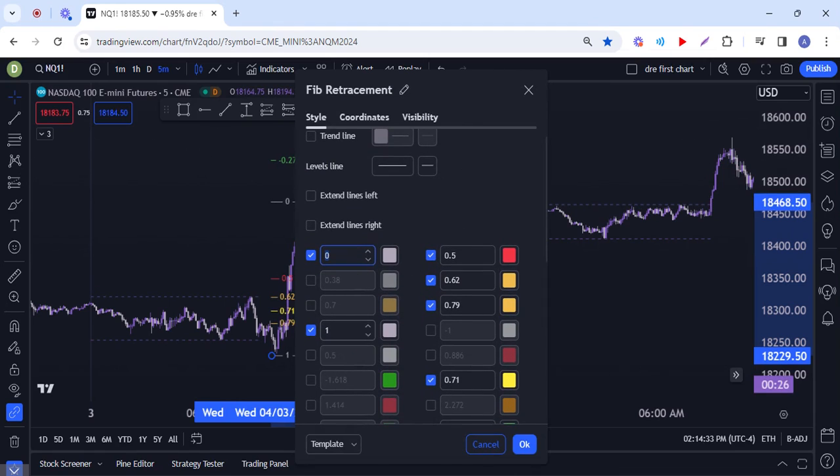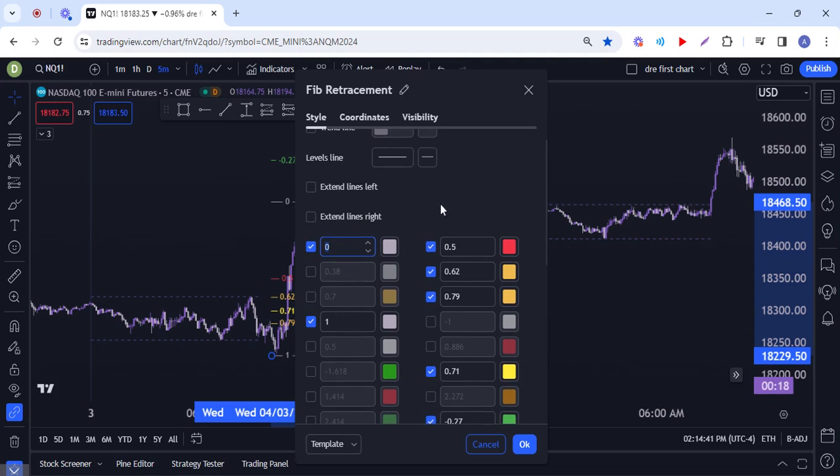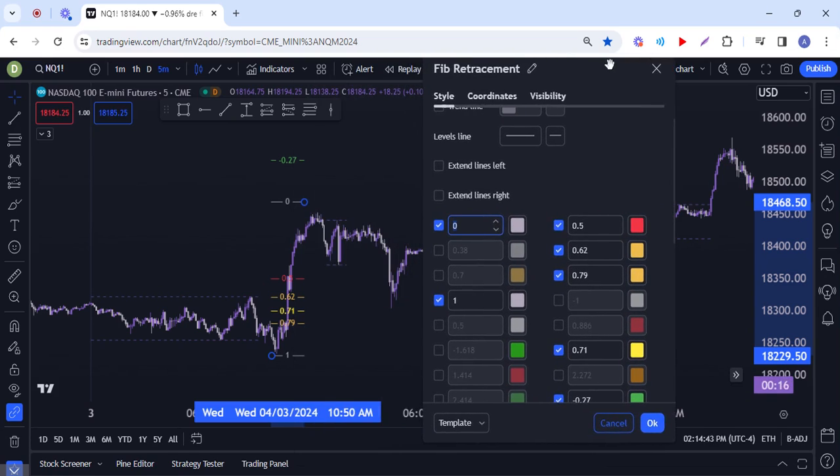You have 0 and 1, these are your anchor points. You have 0.5, which is halfway between 0 and 1, obviously. And then your OTE, or optimal trade entry, is between 0.62 to 0.79. You do have the 0.71, but I typically don't have that on my charts, just to keep it simple. So you have 0.62 to 0.79. This is your optimal trade entry.